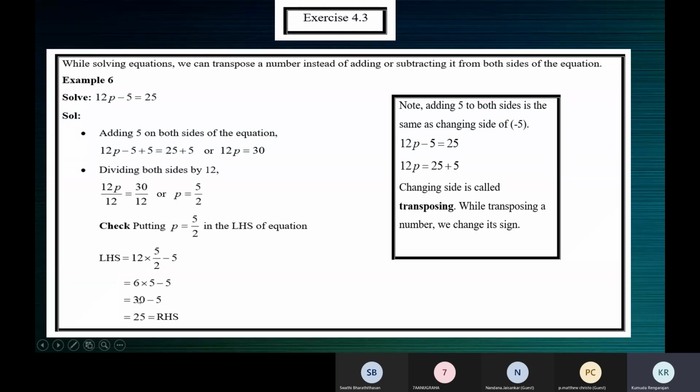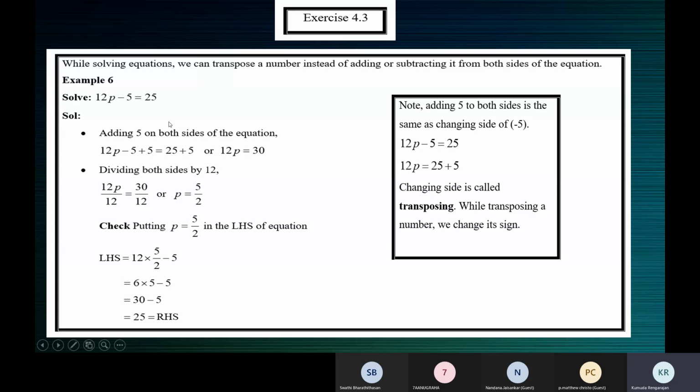So 6 fives are 30. 30 minus 5 is 25, which is the RHS. You can see that the equation is satisfied, or the equation holds for p is equal to 5 by 2, because in place of p, when you use 5 by 2 in the LHS, you get the answer as 25, which is the RHS.